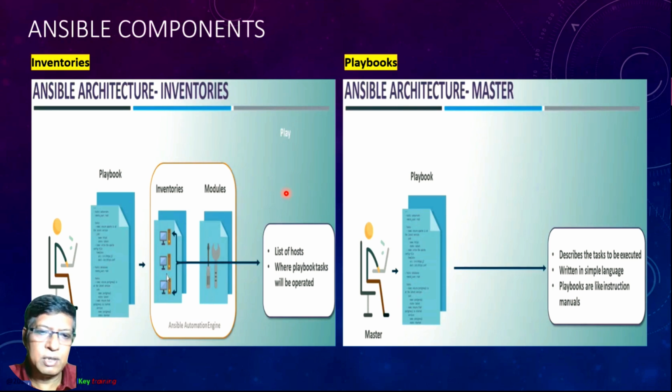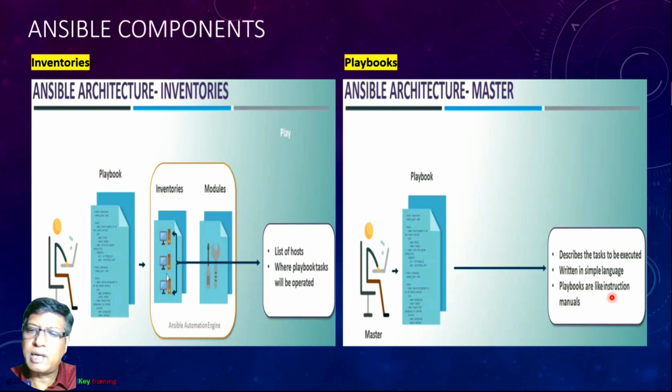The inventory file will list all the places where you want to connect, all the IP addresses. And finally, you will be able to deploy or execute the jobs onto the hosts.